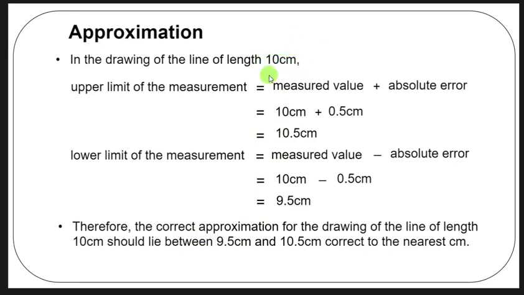But we are saying if you are to get it close to 10, your value must be between 9.5 centimeters and 10.5 centimeters, because these are very close to 10 centimeters.